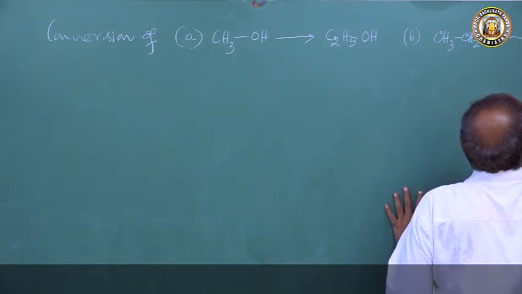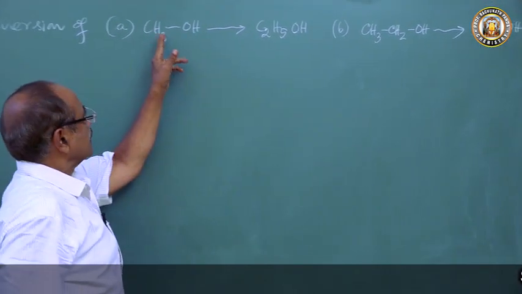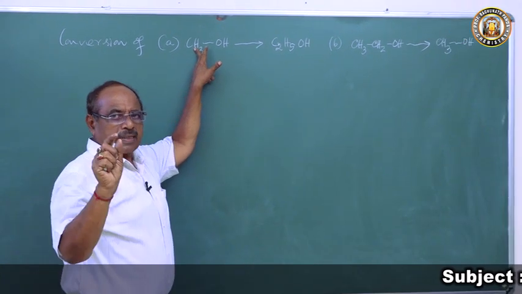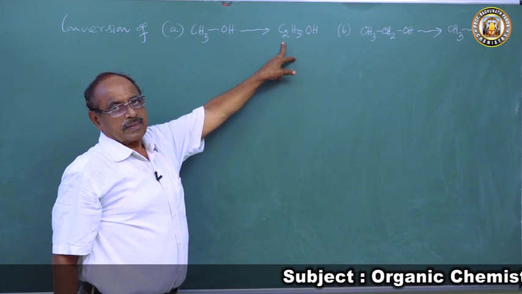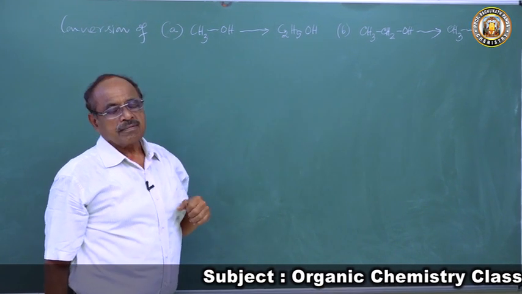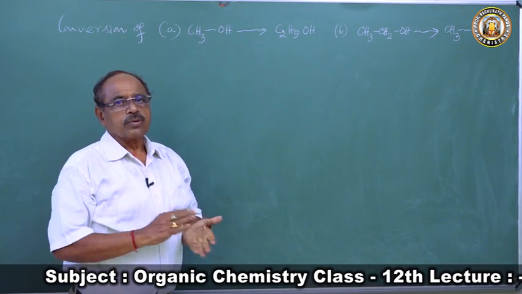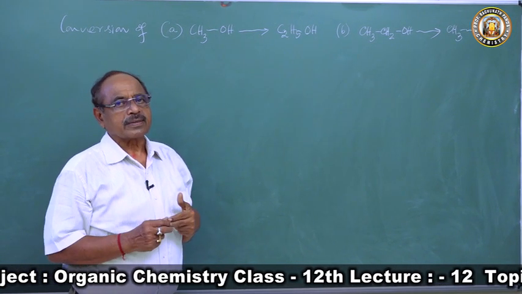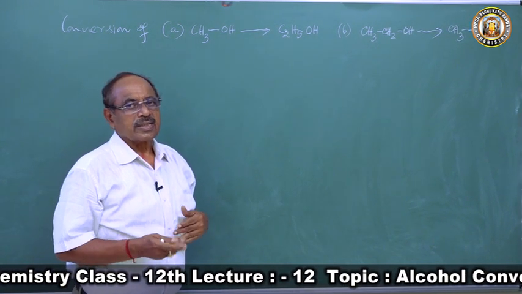This is ascending the series and descending the series. Here the series is ascended. In methyl alcohol we have 1 carbon atom, and we want to convert to ethyl alcohol, which has 2 carbon atoms. This may be a 2 mark or 3 mark question, generally asked for students of the 12th class.